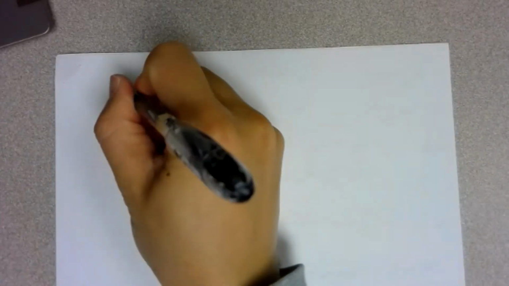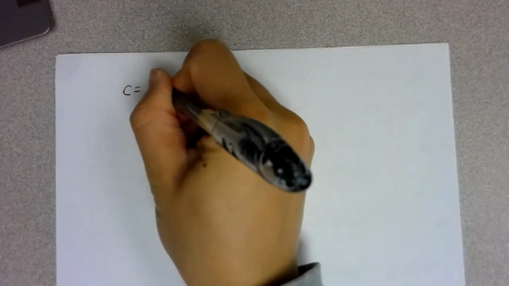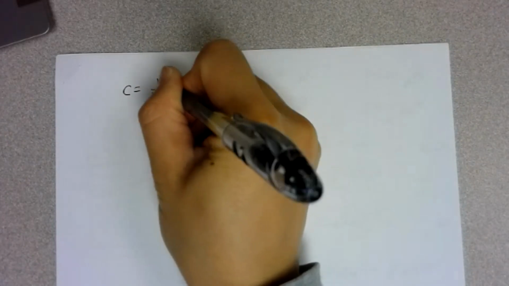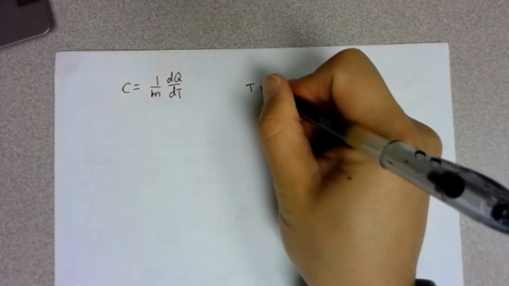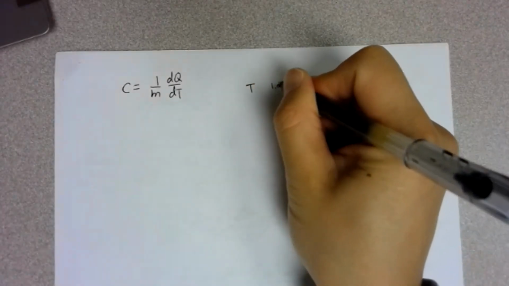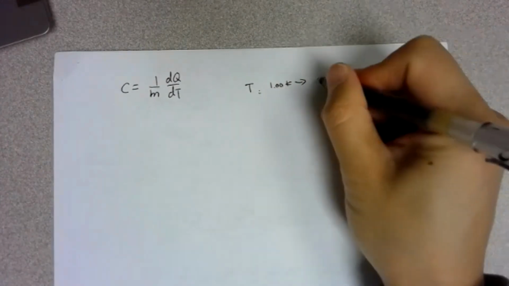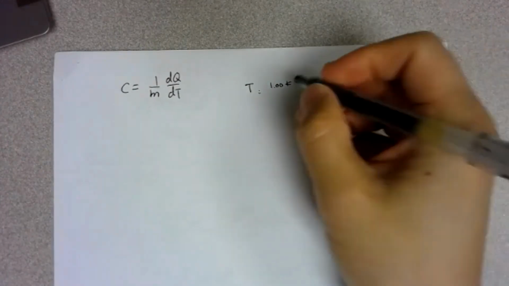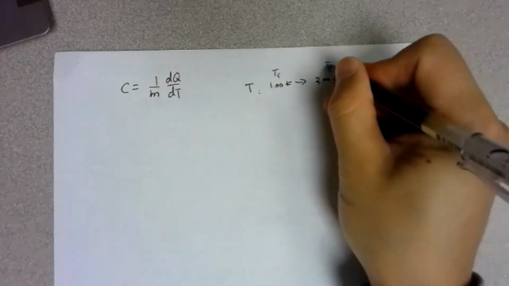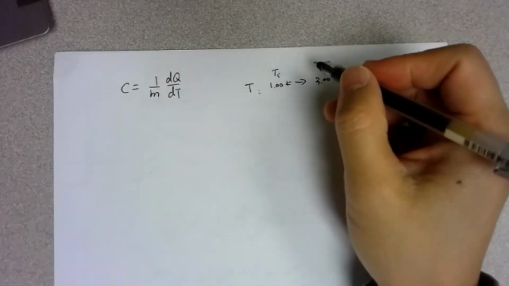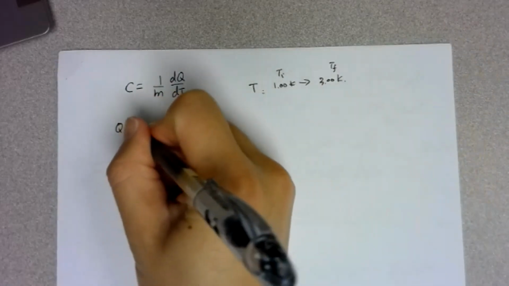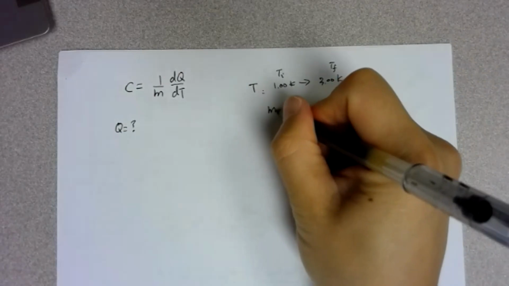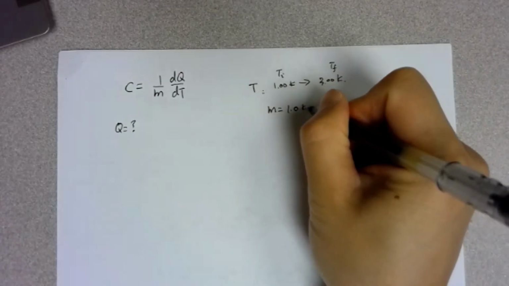So in this case, you will do C equal to 1 over m, and then dQ over dT. The T goes from 1.00 Kelvin to 3.00 Kelvin, so this is the initial T and this is the final T. You're looking for Q. The mass is 1.0 kilogram.